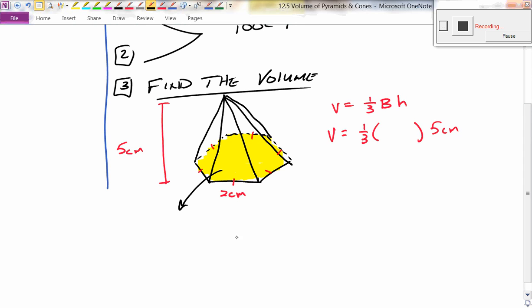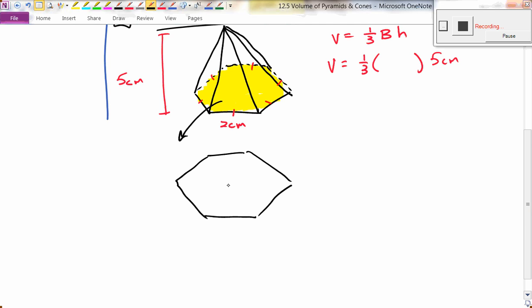So what I'm going to do is draw the hexagon flat on the surface here, just like this. And I need to find the area of this hexagon. So I'm going to start off by labeling what I know. That's 2 centimeters. I'm going to get a central angle. How do I get a central angle of a regular polygon?